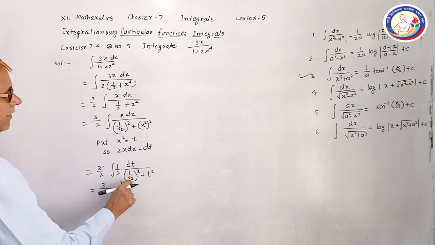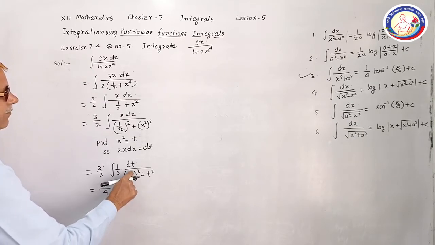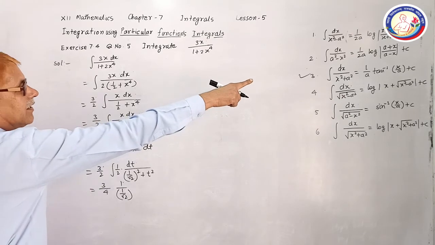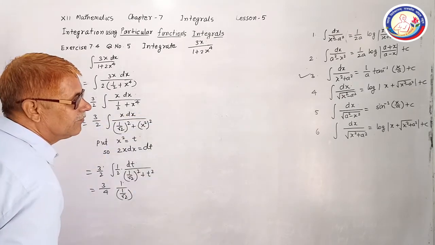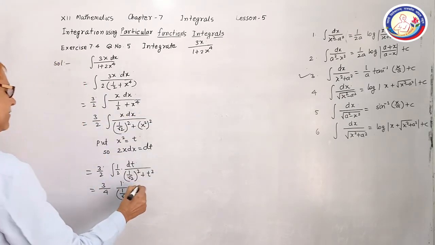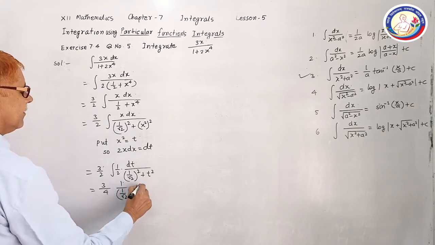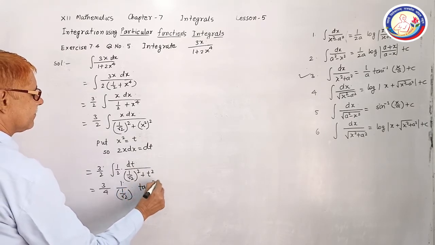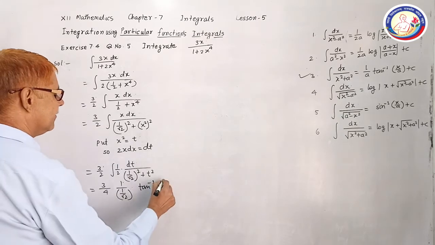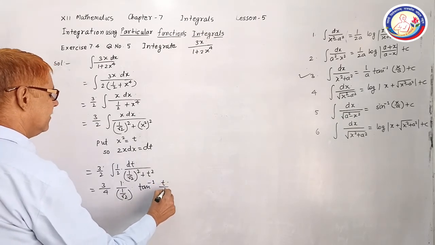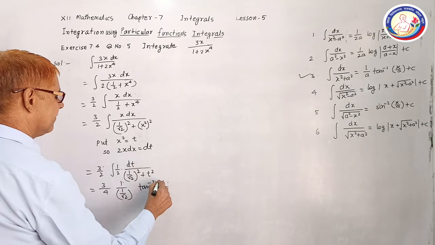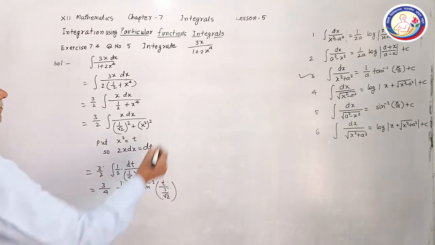This is a here, a square. The value of a is 1 by root 2. If we compare with the standard formula, then tangent inverse t by a, that is 1 by root 2. Proceed further.